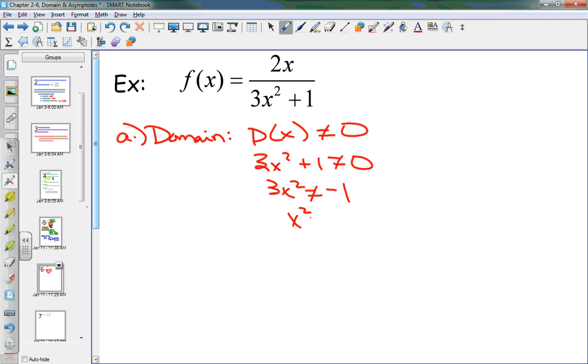Now how do I get rid of that squared? Square root it. And whenever I take the square root of a negative quantity, what number system am I falling in? Imaginary. Now, folks, I'm graphing this in the real number system, correct? So what's my domain?